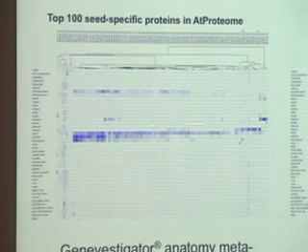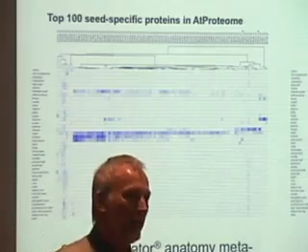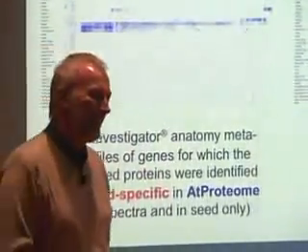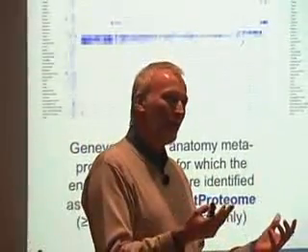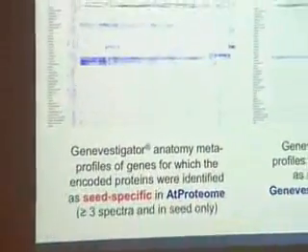Here you have these proteins, and you have the gene number, so you know which genes they are. Then you go into Genevestigator and ask, are these top 100 seed-specific proteins really seed-specifically expressed? And the answer is yes. So that's very nice. There's a very good correlation between the AT-proteome and the Genevestigator database.